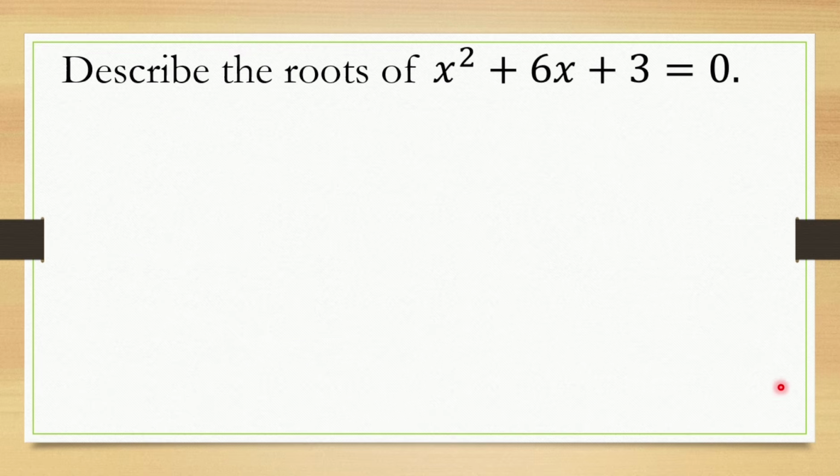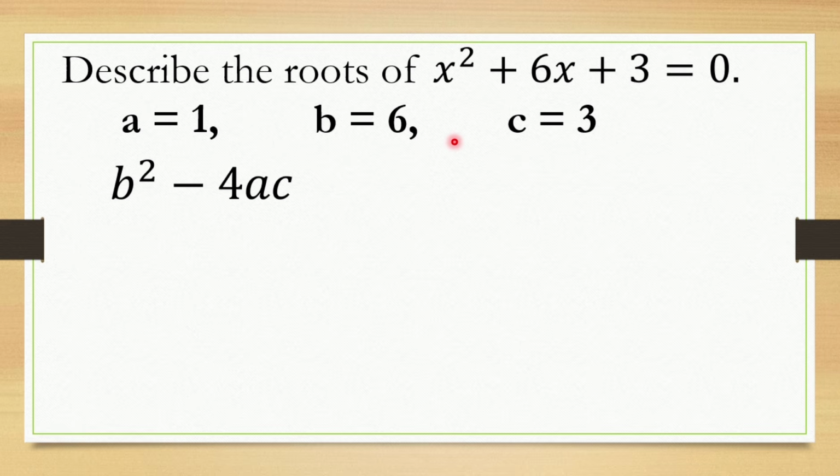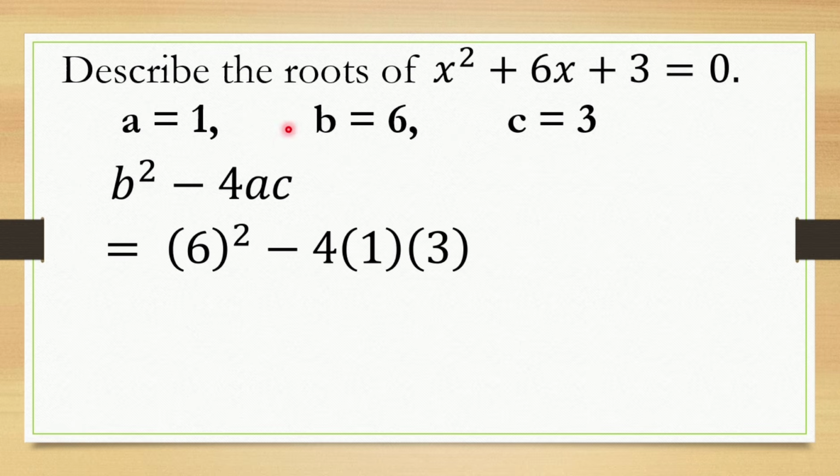Next. So describe the roots of x squared plus 6x plus 3 is equal to 0. So again, we will substitute. Ilalagay natin yung mga values natin dun sa discriminant, which is b squared minus 4ac. So I have here, our b is 6, so 6 squared minus 4, our a is 1, c is 3.